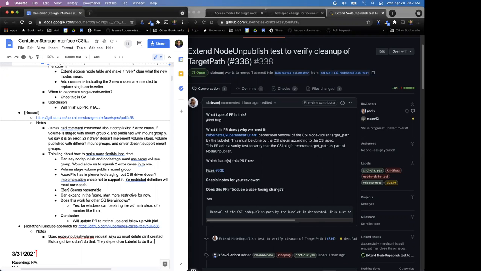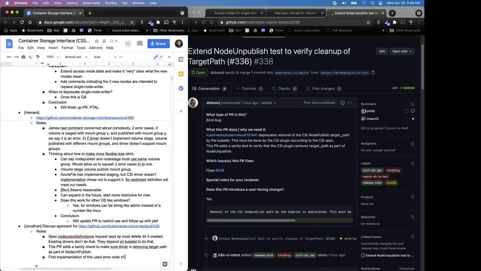So this PR adds a sanity test to verify that the driver is removing the target path as part of node unpublished. I just filed this today, and Patrick already gave some good feedback on this because I was uncertain about a couple of things. The way I implemented this first implementation is to rely on the error code of node get volume stats.